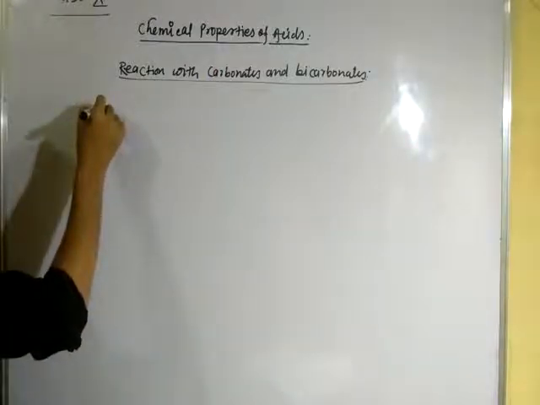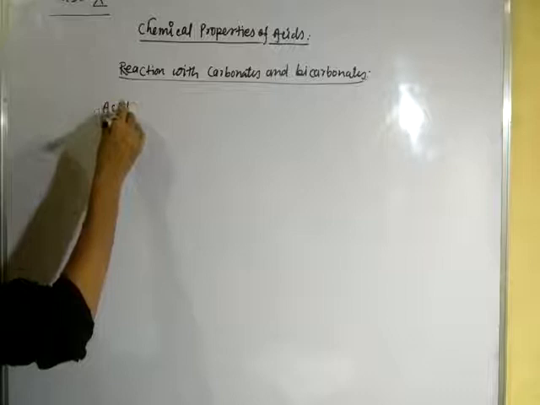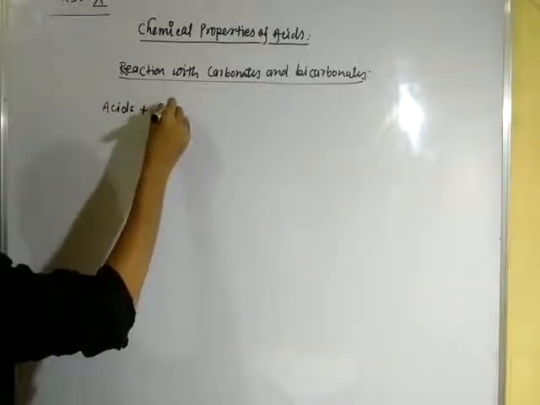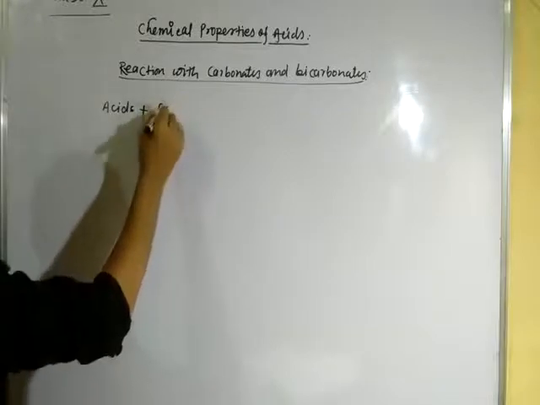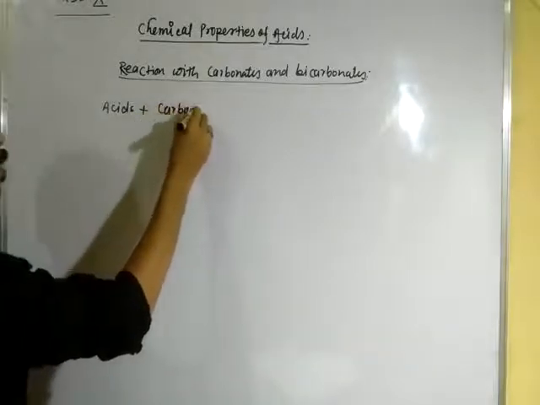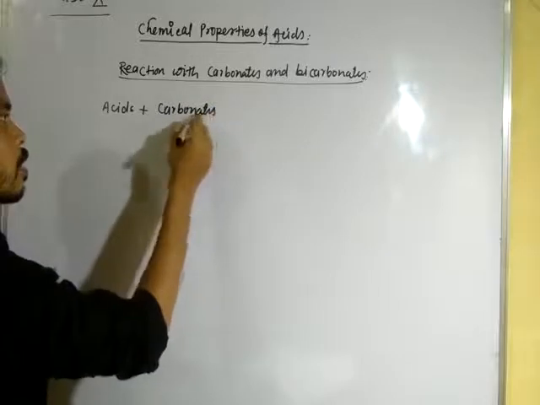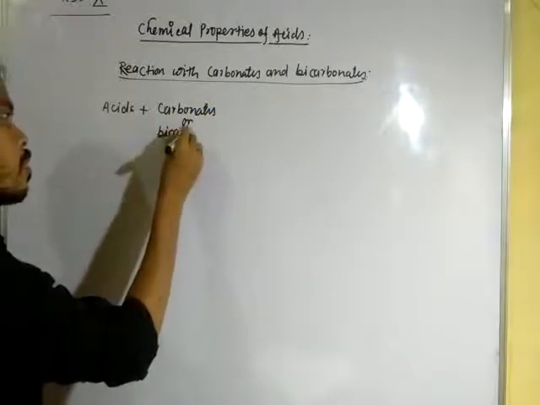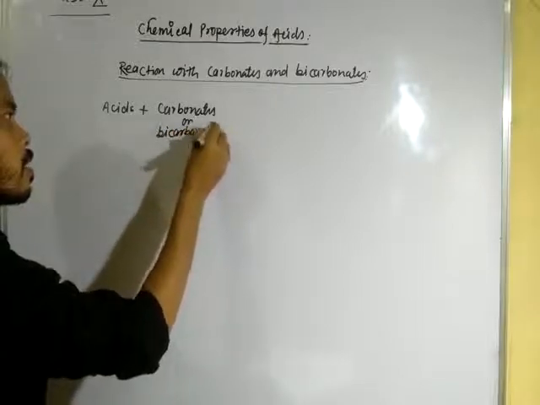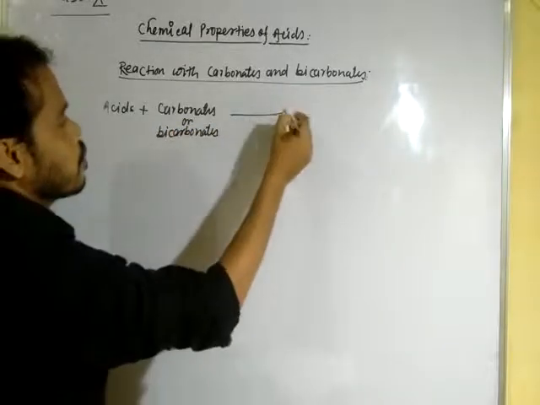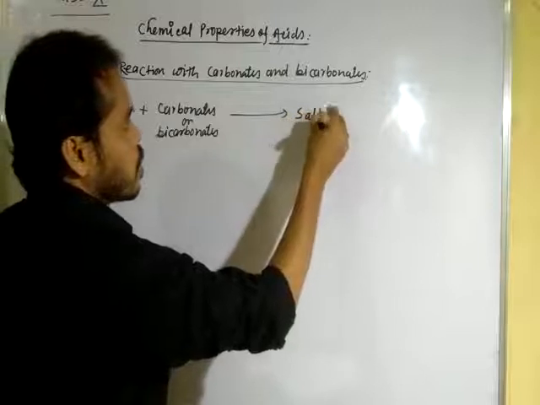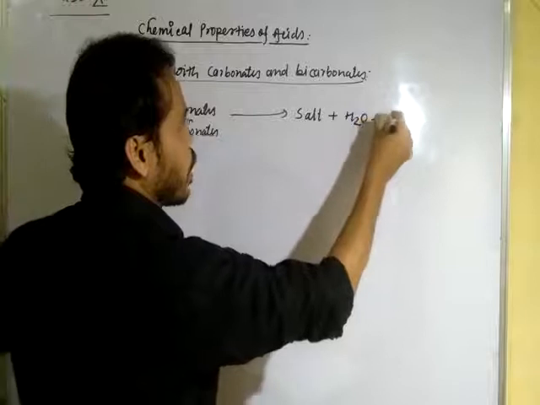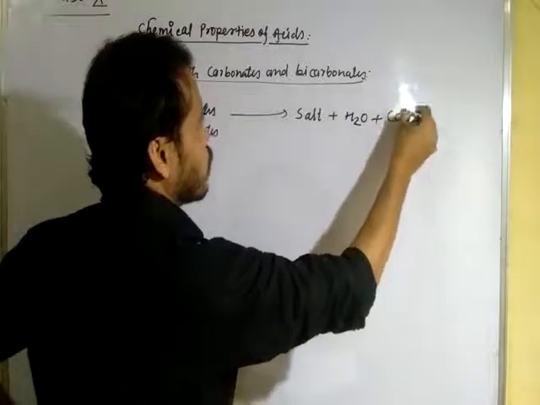When acids are treated with carbonates or bicarbonates, they form salts, water and carbon dioxide.